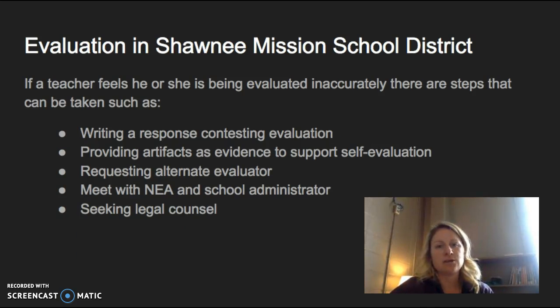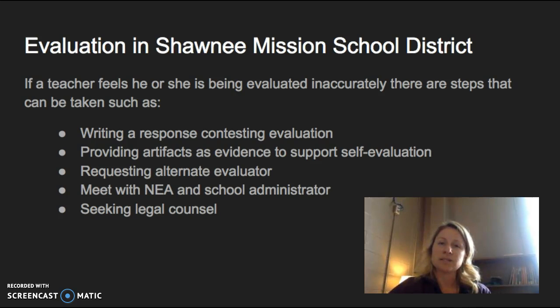If a teacher feels like he or she is being evaluated inaccurately, there are some steps that can be taken, such as writing a response contesting the evaluation. Those can be done formally with the district. They can also be done within the KEEP system. They can provide artifacts as evidence to support their self-evaluation that they feel is different.